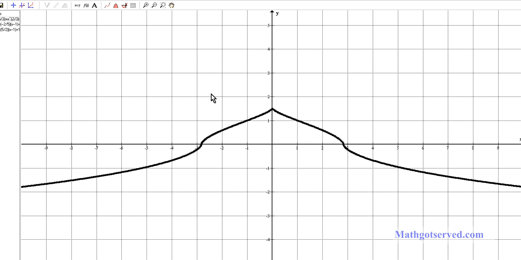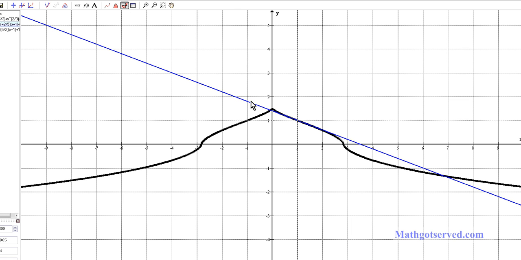Let me show you the graph of the tangent line. This point right here is the point (1, 1), and we can see that this line is tangent to this curve at the point (1, 1). That's the graphical representation of our result.